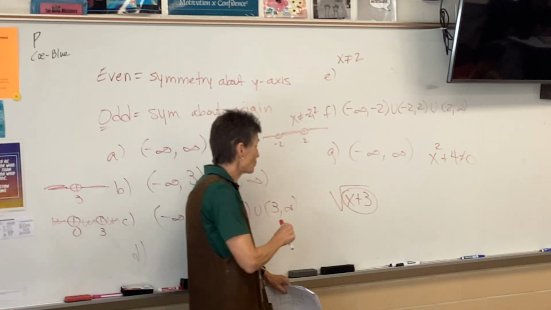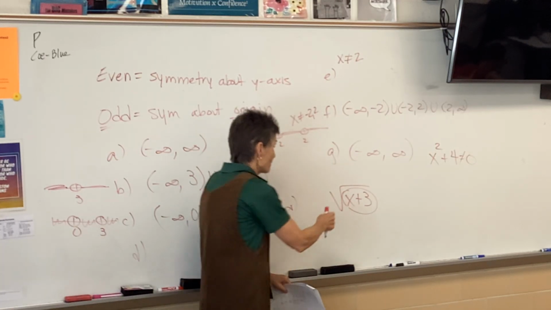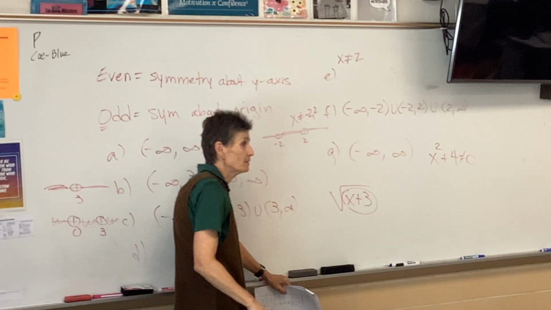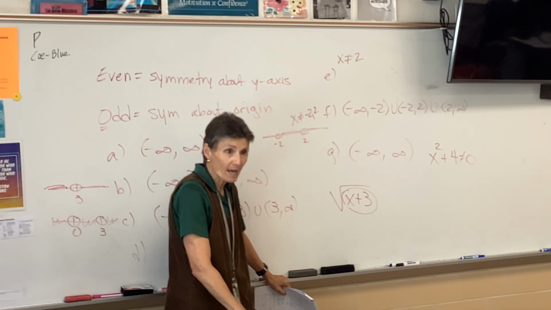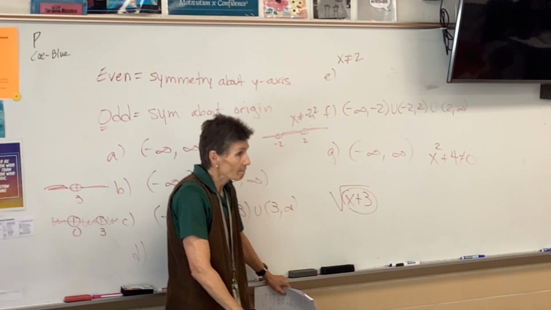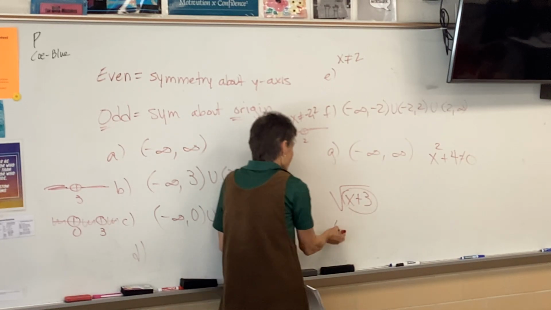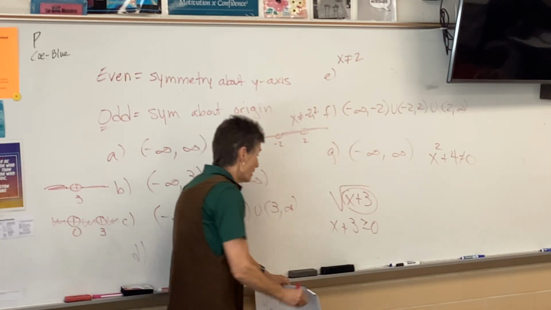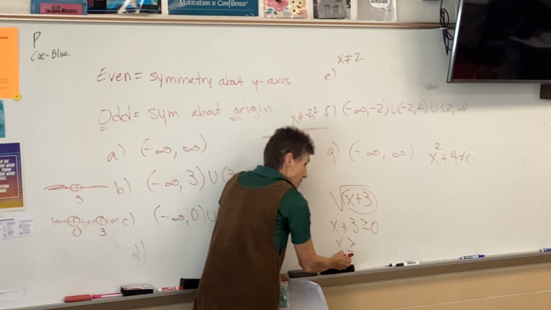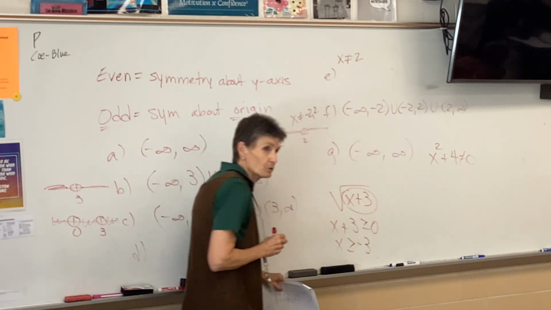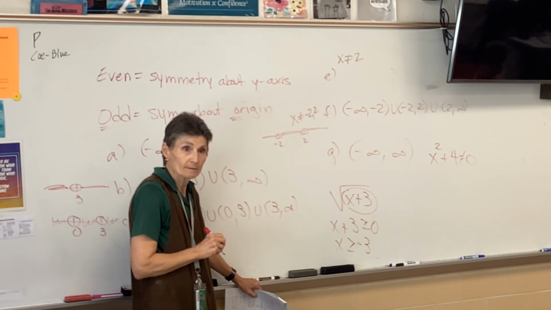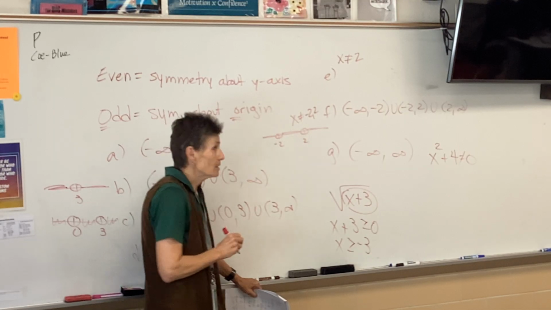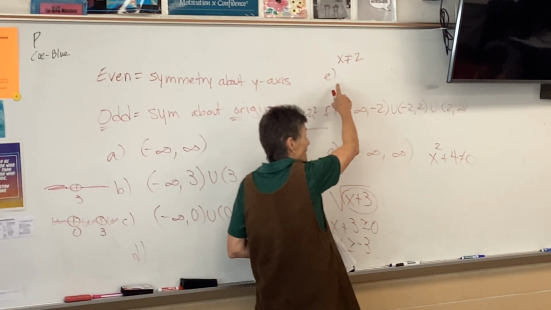Everything's real. So tell me about x. If that has to be positive, then what do I know about x? Well, if x plus 3 has to be positive, then x has to be bigger than or equal to negative 3. So you already told me x couldn't be 2.